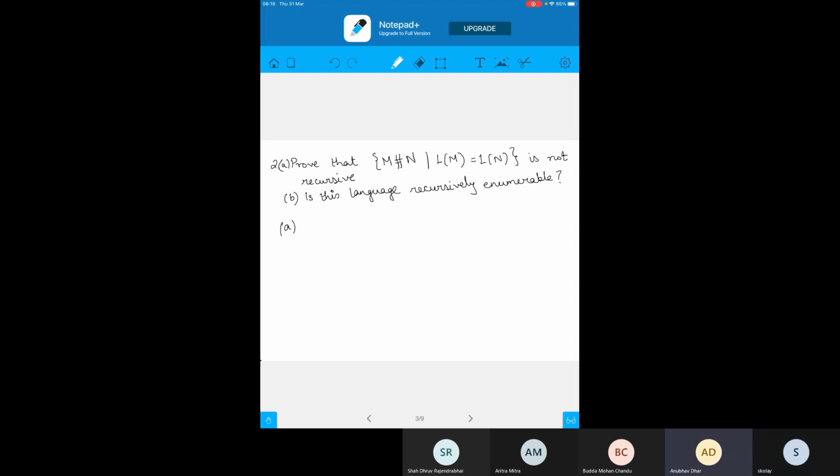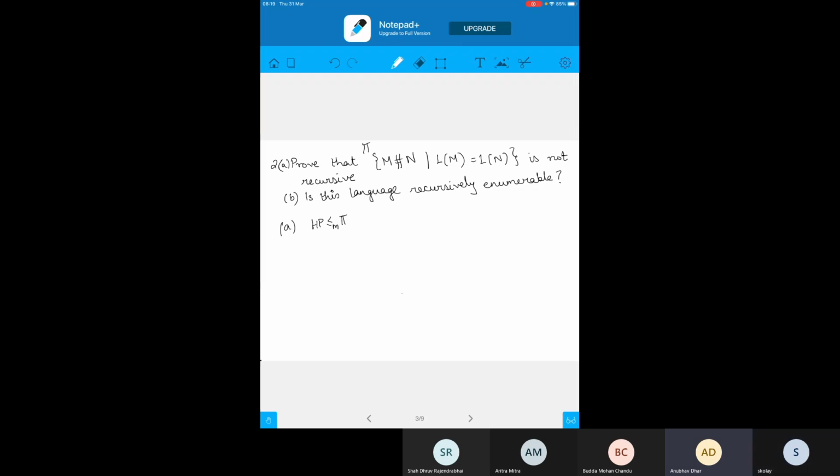Ma'am, if M0 is a total Turing machine that accepts the language phi, then we can take a reduction from the halting problem to this problem. If M hash X is the instance of the halting problem, then we can make a reduction.